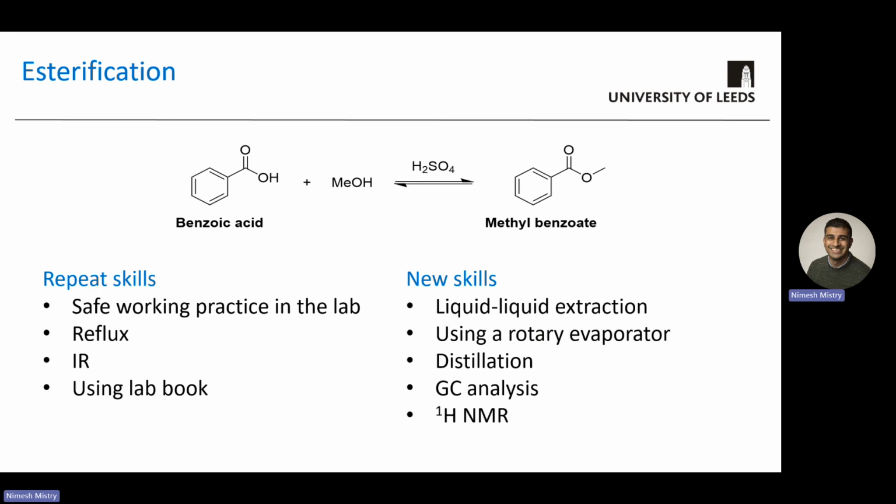Okay, so this is the briefing video for the esterification experiment. What you're doing in this experiment is you're taking benzoic acid, so you've got a carboxylic acid functional group here. You'll be reacting it with heat with methanol, which is also going to be the solvent of this reaction, with an acid catalyst, and you're going to turn that carboxylic acid into a methyl ester.